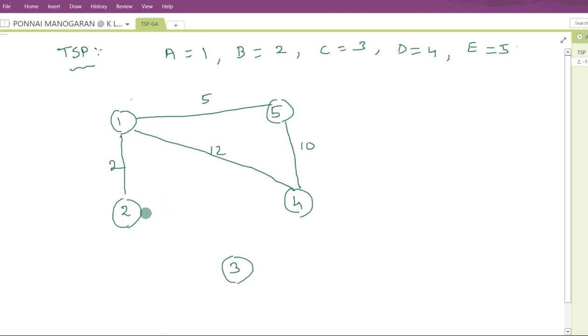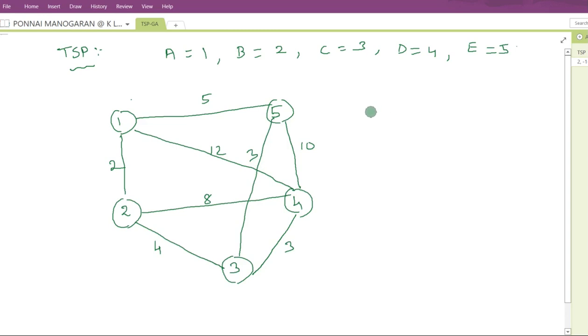And then there is a path between 2 to 4 and the length is 8. There is a length path between 2 to 3. Similarly, there is a path between 3 to 4, and similarly you are having the path between. Okay, so this is a path.